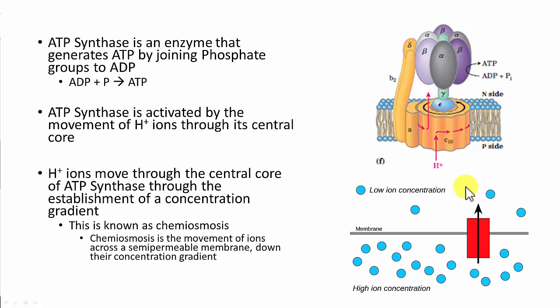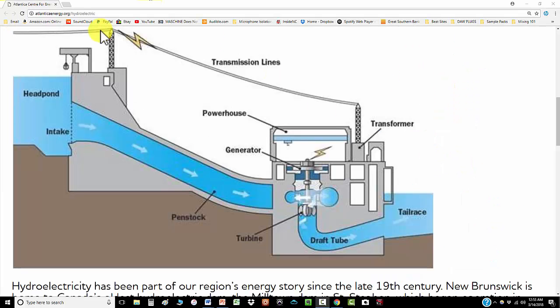A way to think about this is this works a lot like a water dam generates electricity. Just to give you a quick visual, I pulled a figure off the web real fast here. A water dam generates hydroelectricity, in which you have a lake behind the dam back here.